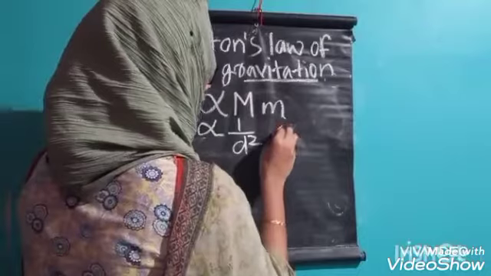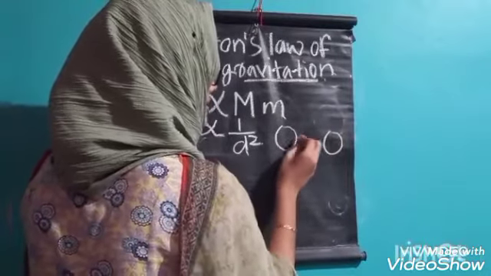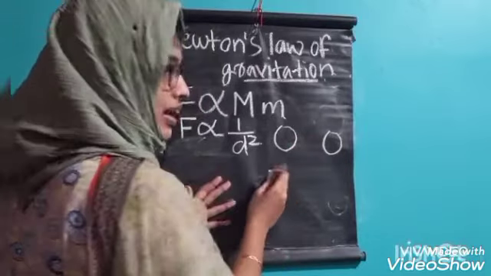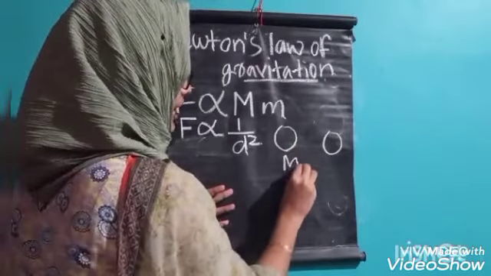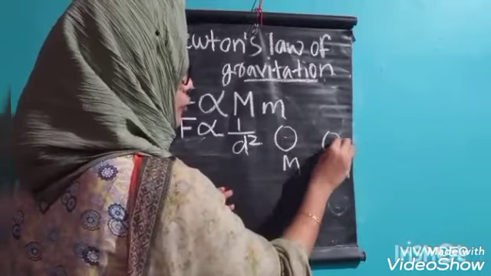Suppose here there are two objects, the masses of the two objects are capital M and small m, and there is a distance between the two objects.